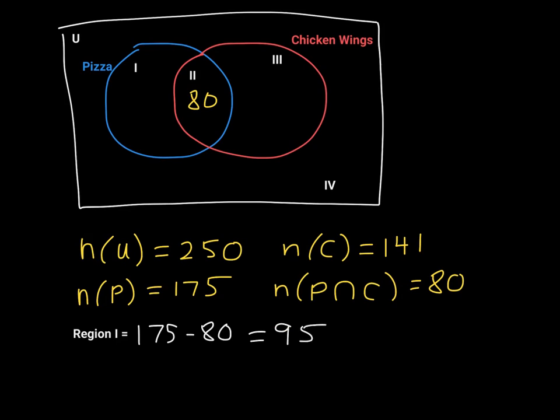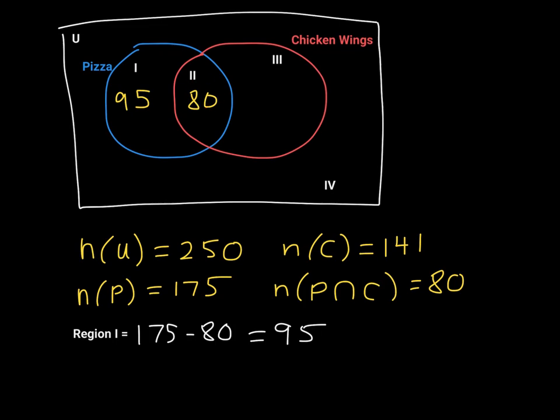That means 95 should go here. This is how many people ordered pizza but did not order chicken wings. So 95 customers ordered pizza but not chicken wings. A total of 175, that's 95 plus 80, ordered pizza. 80 people ordered pizza and chicken wings.